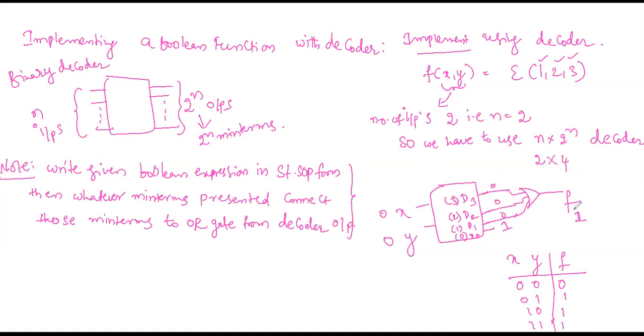So 3 zeros, so output is 0. Next, apply 0, 1. D1 will be active, remaining are 0. Here in the 3 inputs for the OR gate, one input is 1. So output is 1. So satisfied. Like this, you have to check.